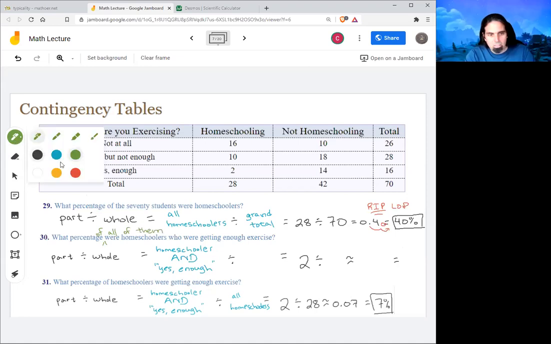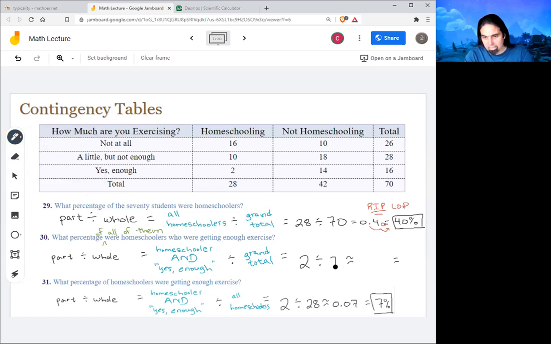Does that make more sense? Because I was saying it wrong the first time. So now we get about 0.03, so 3%.